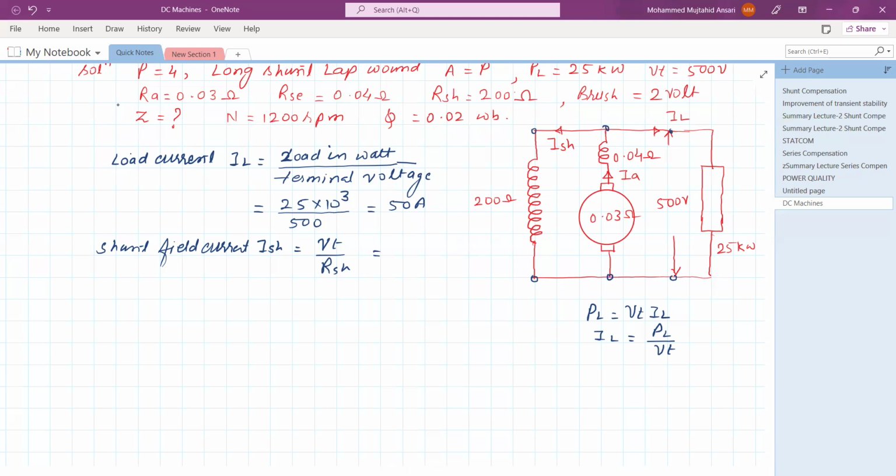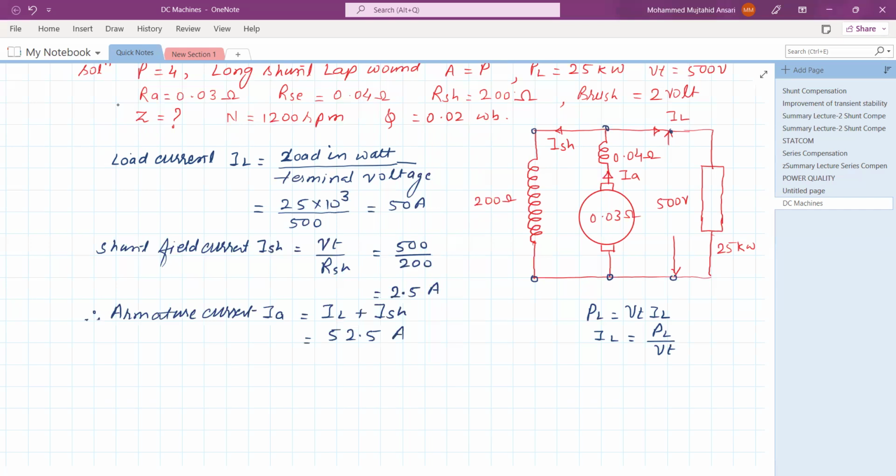So it is equal to 500 divided by 200, which is 2.5 ampere. So the armature current IA is equal to IL plus ISH, so 52.5 amp is the armature current.